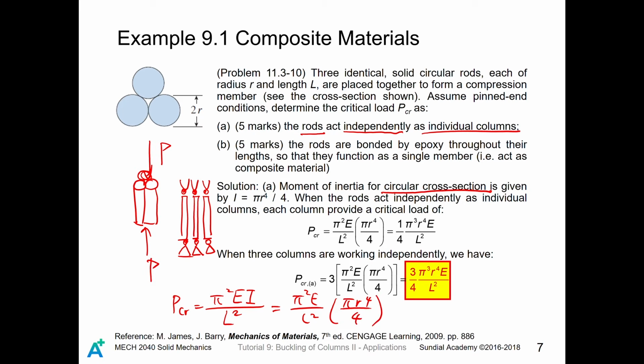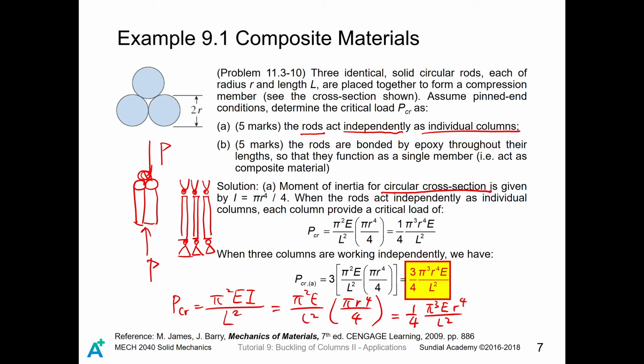So the critical load for each circular rod is given by 1/4, the denominator is L squared, and the numerator is pi to the power 3 E r to the power 4.